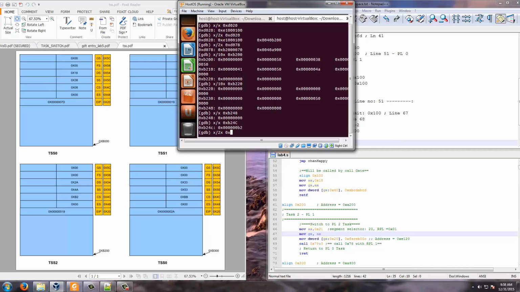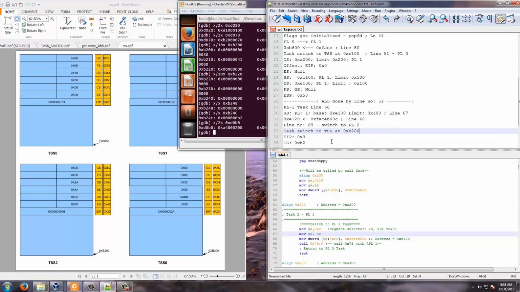It is nothing but 0xB0. So x/2x 0xD0B0 is a segment selector. So this is a code segment that starts at 0xA400 and of size 200, and please note that its privilege level is 2.